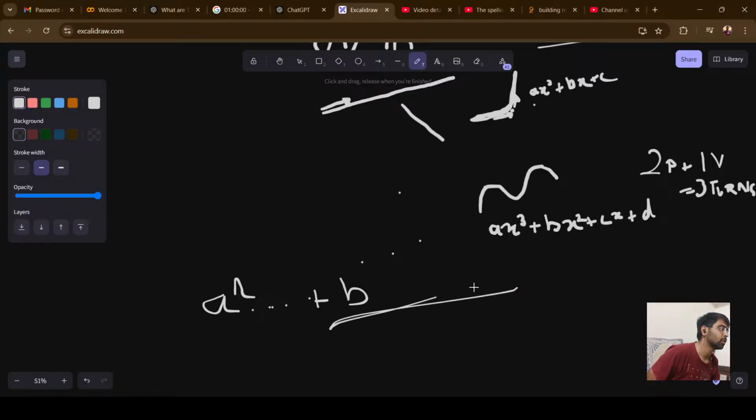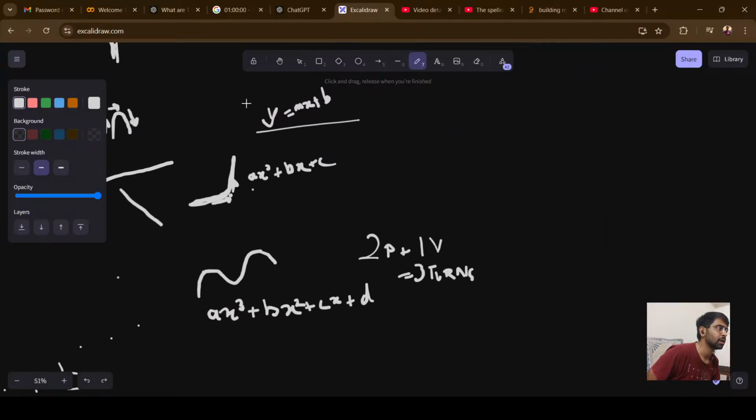But I don't know why lines are represented by mx plus b, and why curves are represented by ax squared plus bx plus c, and all of that.